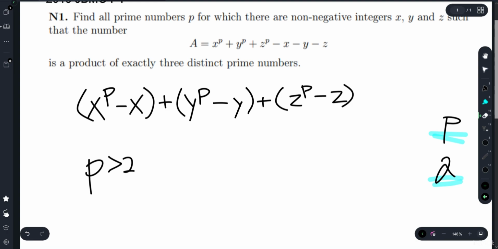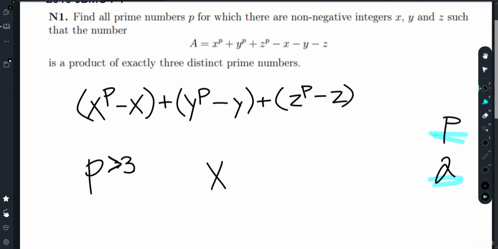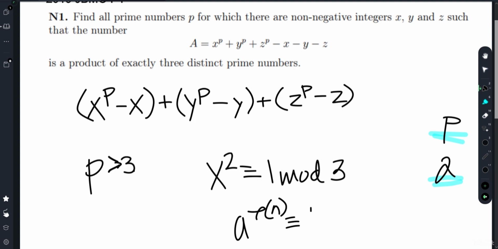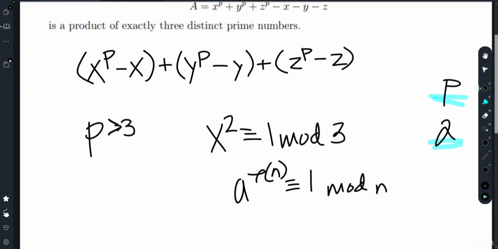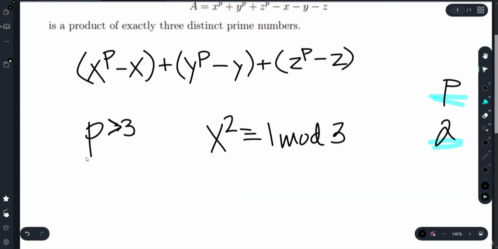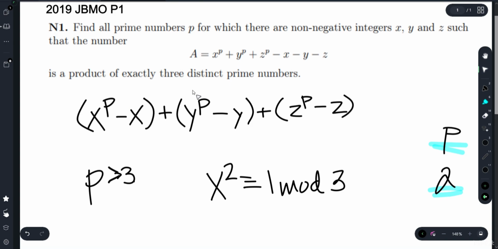Now let's assume p is greater than 3. If p is greater than 3, then let's test out if 3 works. We know that x squared is equal to 1 mod 3 by Euler's theorem, because any number to the power of totient is equal to 1 mod n. This is another useful part of Olympiad number theory.